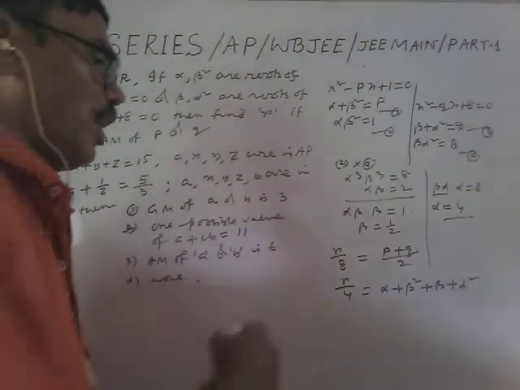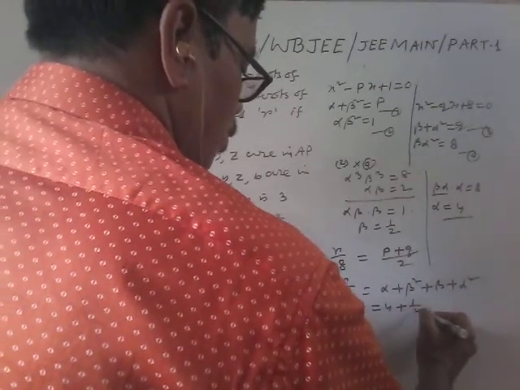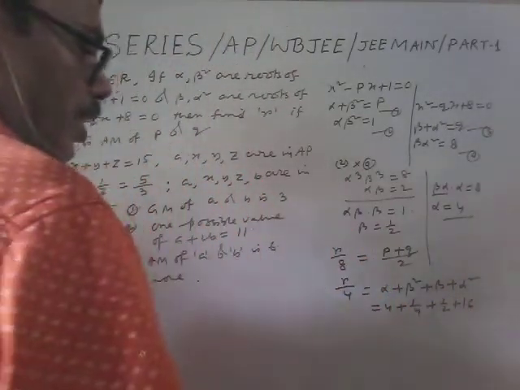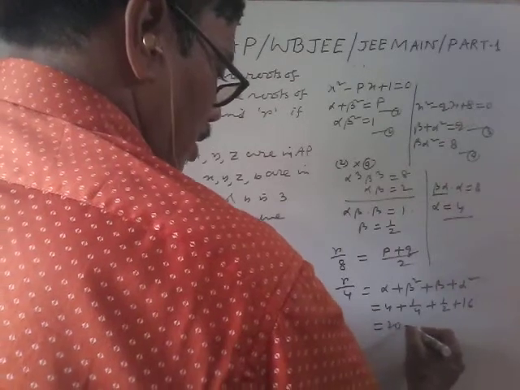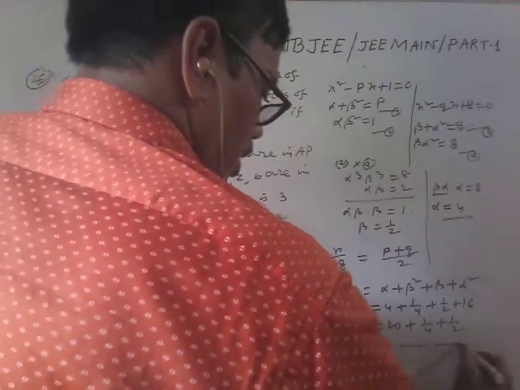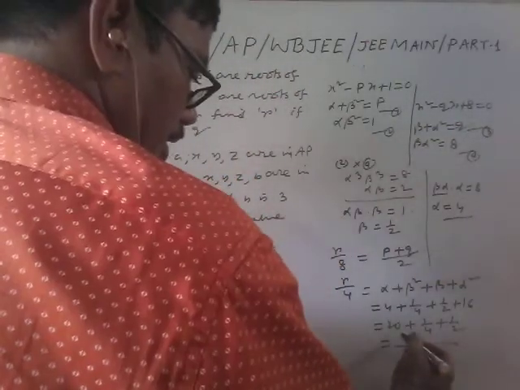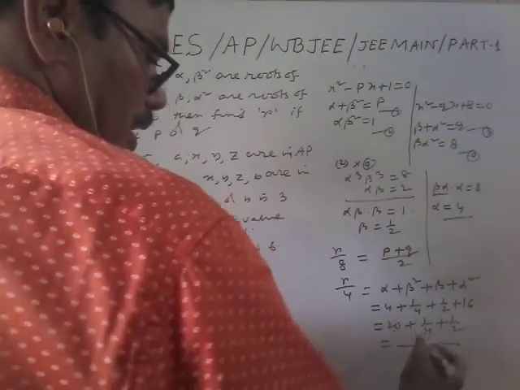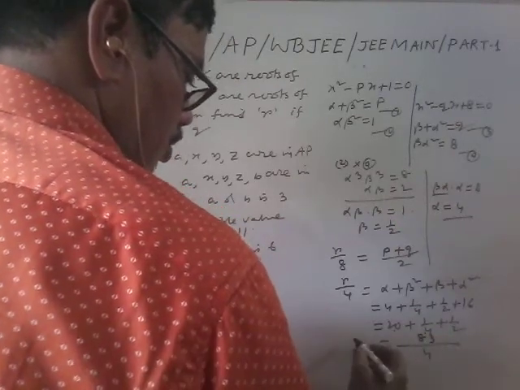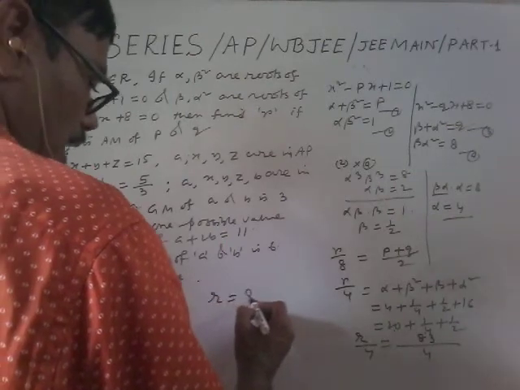If we put the values, alpha is 4, this is 1 by 4, this is half, this is 16. So 20 plus 1 by 4 plus half. So LCM 4, 80 plus 2 plus 1, 83. So r by 4 equals 83.